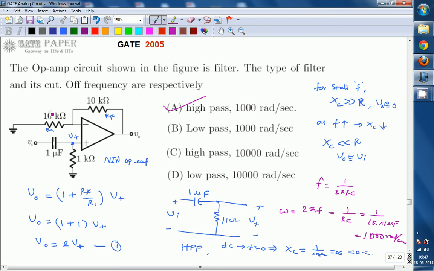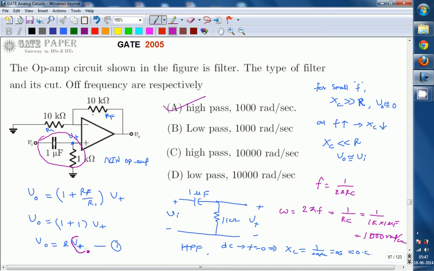So this network is acting as a high pass filter. If you use it without the op-amp, it is simply a high pass filter. It doesn't provide any gain. The output is always less than the input, and by using this op-amp we are able to provide V naught equal to 2 times V plus.